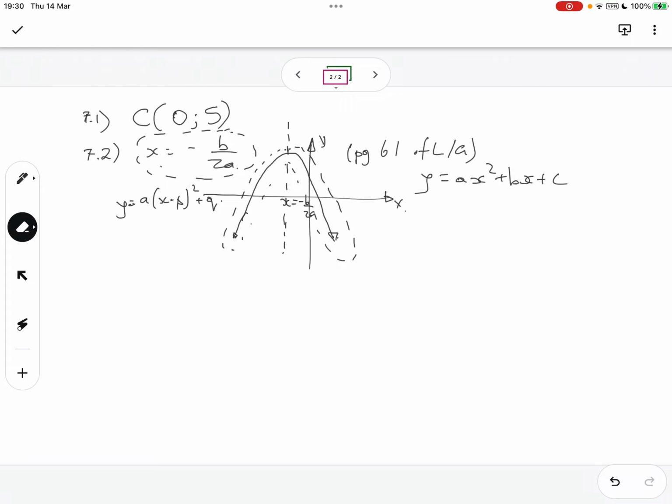Okay, there's intercepts, there's domain, it's concave down. Okay, in standard form, that's that, fine.